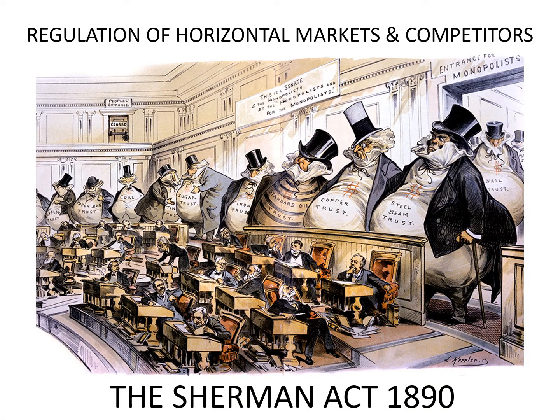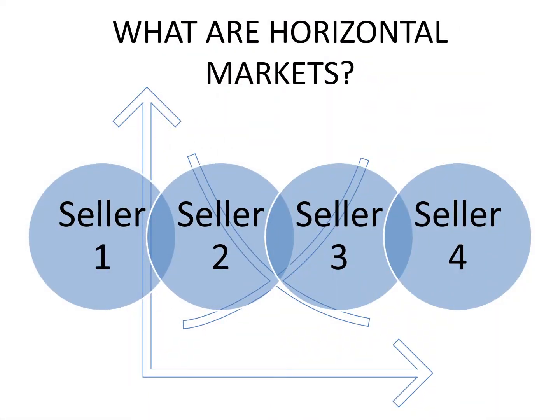The Sherman Act of 1890 was designed to regulate the horizontal markets or a business's competitors. So what does that mean, the horizontal market? The horizontal market consists of a business's direct competitors.